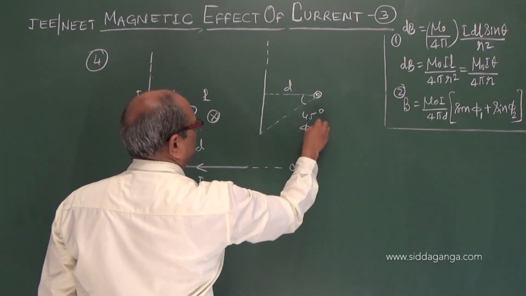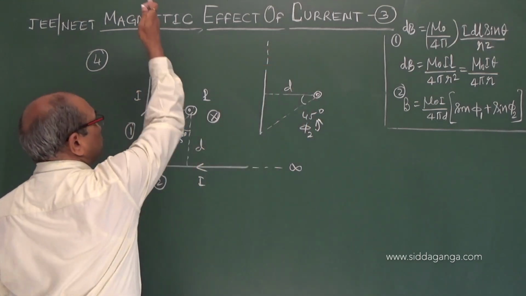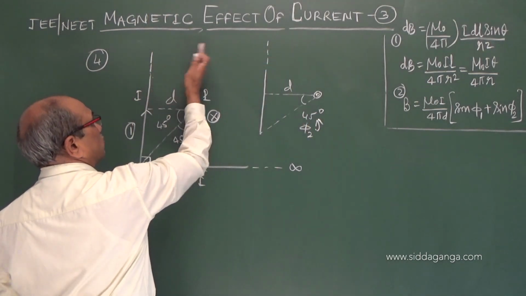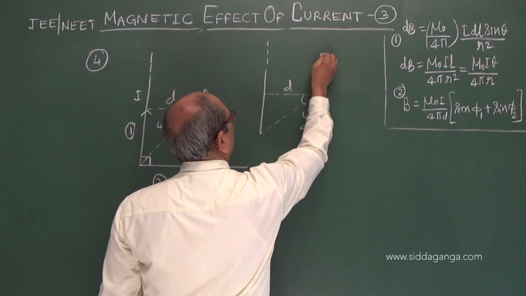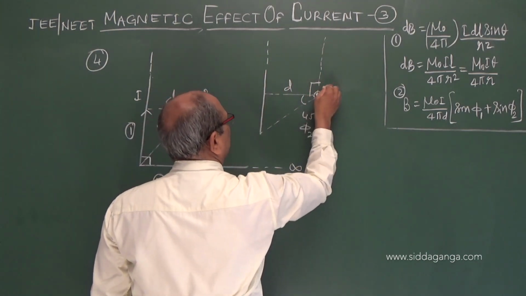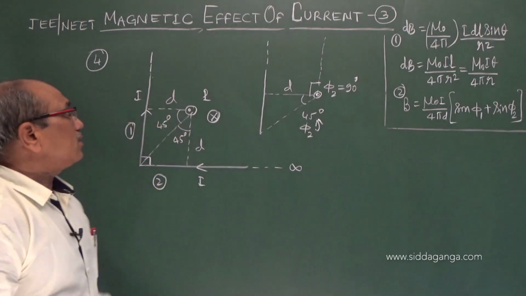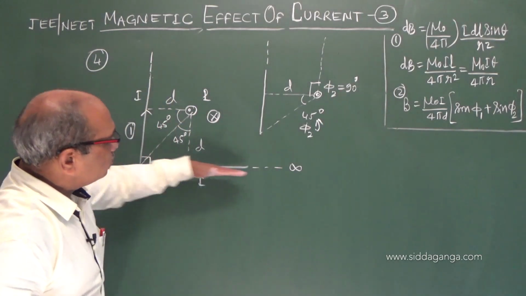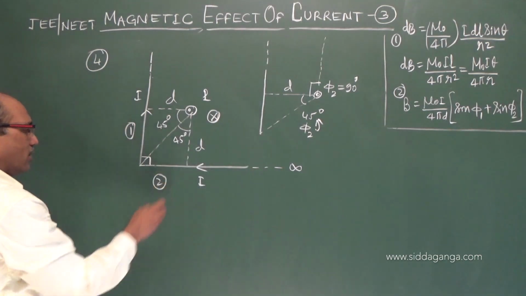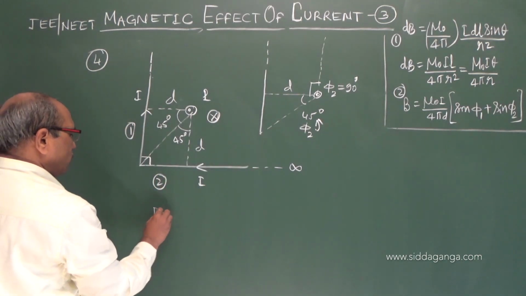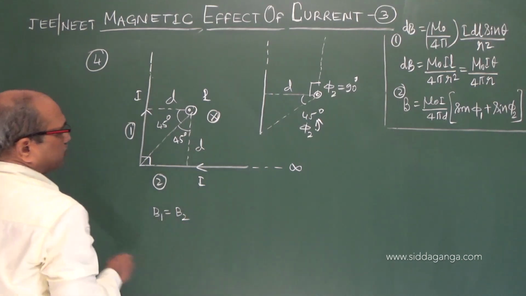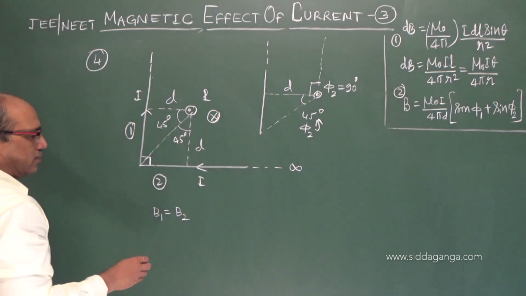This may be phi 2. The other end is at infinity, meaning the wire becomes almost parallel, so this angle phi 2 is 90 degrees, extending up to infinity. Similarly for this one. Therefore I can write B1 equal to B2, both in magnitude and direction.